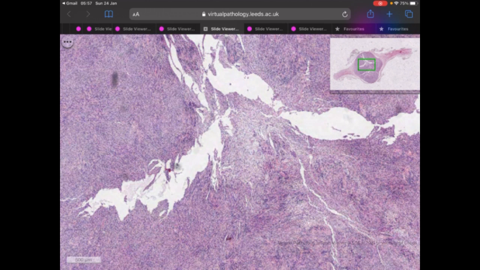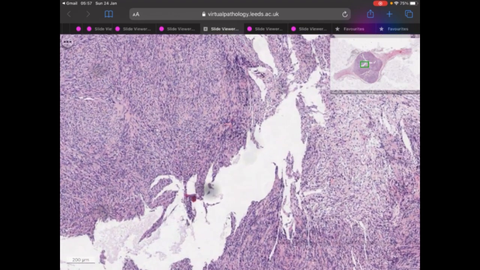Okay, in this view, you can see that they also have this biphasic pattern: the quite cellular pattern we call Antoni A, and the loose pattern we call Antoni B.